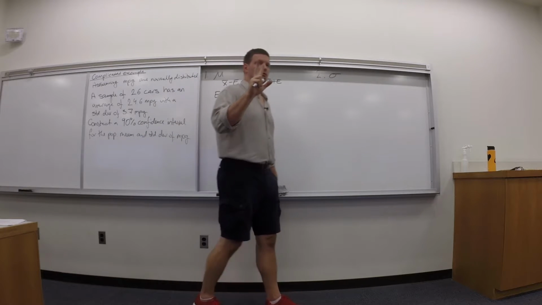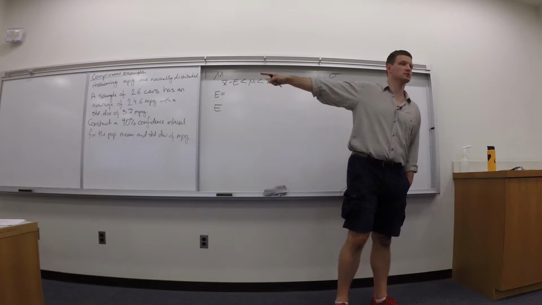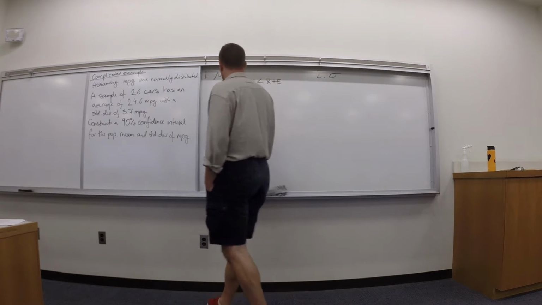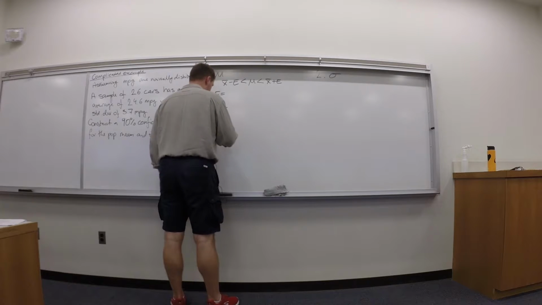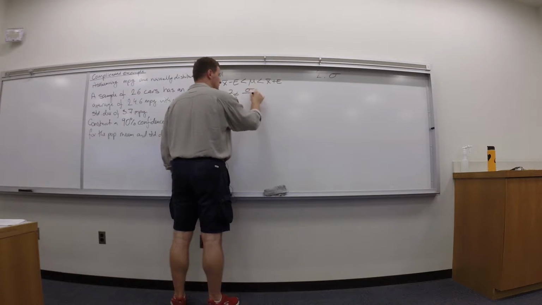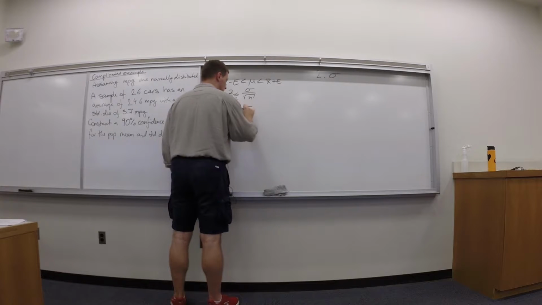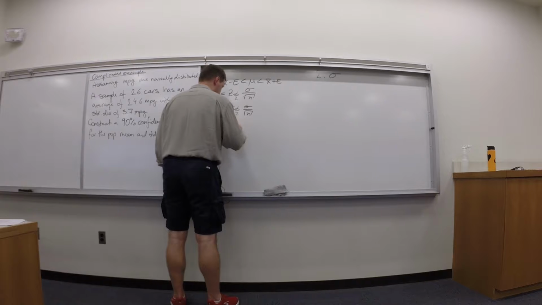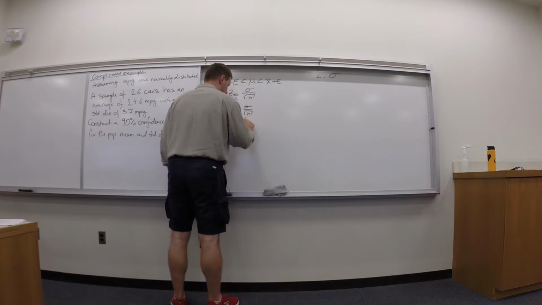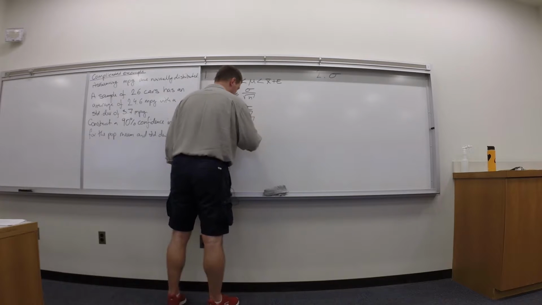There are three e's that we know, but one of them deals with proportions, and this is obviously not a proportion. Let's write it out. We have z alpha over 2 sigma over square root of n, t alpha over 2 s over square root of n, and z alpha over 2 times square root of p hat q hat divided by n.